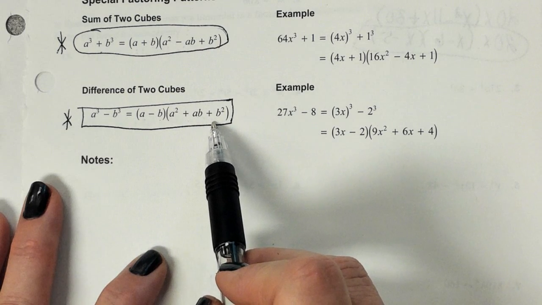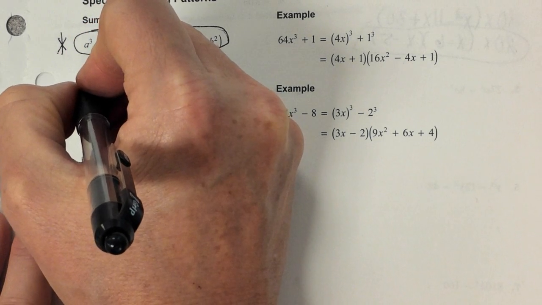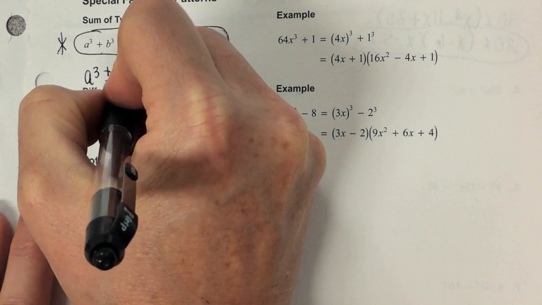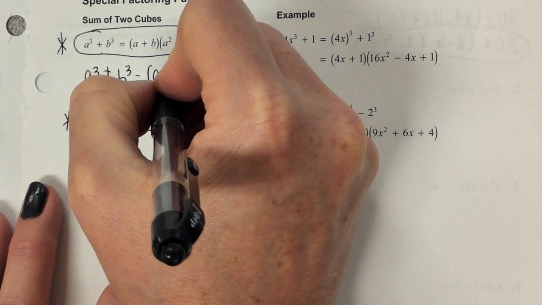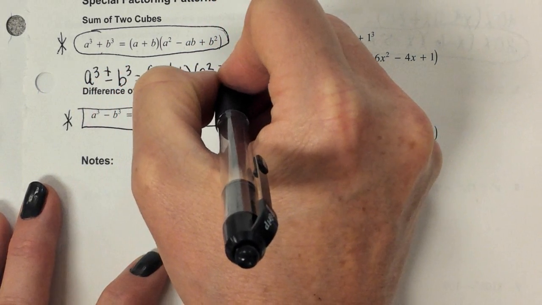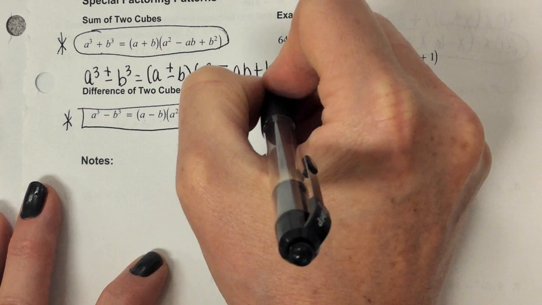So they're very similar. In fact, I could actually write them both together like this. A to the third plus or minus b to the third is going to be a plus or minus b times a squared minus or plus ab plus b squared.